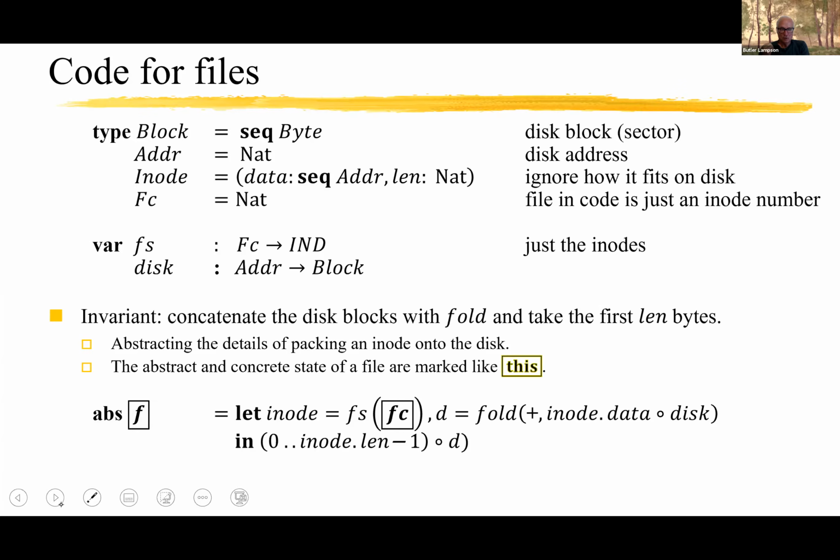So there's two parts to the file system state in this spec. There's the inode number to inode mapping, and remember, the inodes give the index information for the file. And then there's the disk, which is actually modeling the physical contents of the disk. And this file system has an invariant.